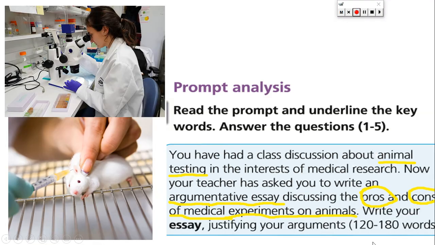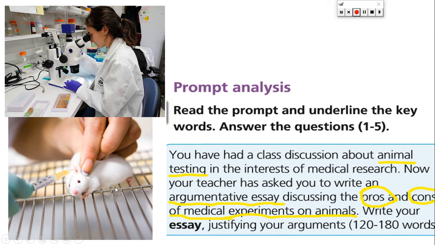What is the topic? Which is animal testing. This is our keyword, this is our topic, animal testing. So the type of essay will be argumentative, and you will have to write the pros and cons, which is the advantages and the disadvantages of medical experiments.